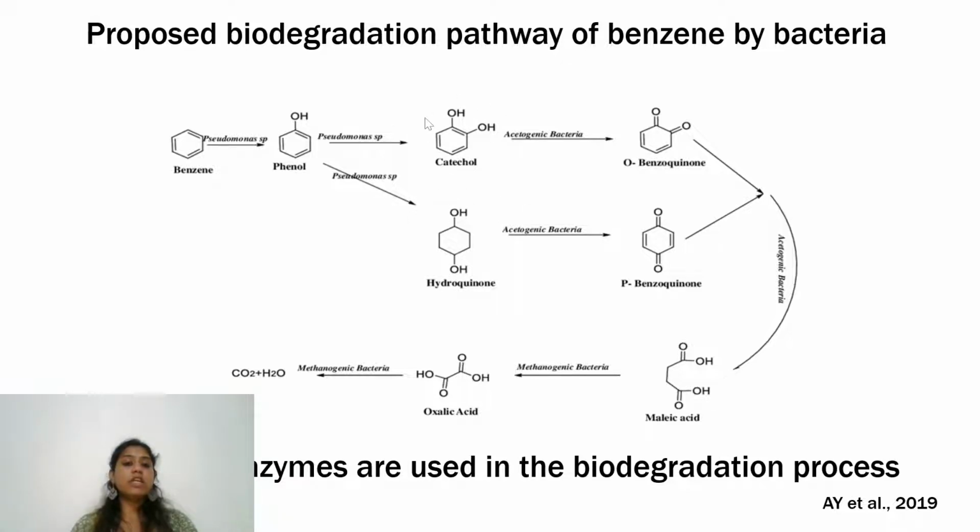But Pseudomonas activity stops here because it does not have further enzymes to process catechol or hydroquinone. So from there, it will be taken over by acetogenic bacteria, which will further process it into benzoquinone and then malic acid. And from where methanogenic bacteria can take over and convert it into oxalic acid and carbon dioxide and water.